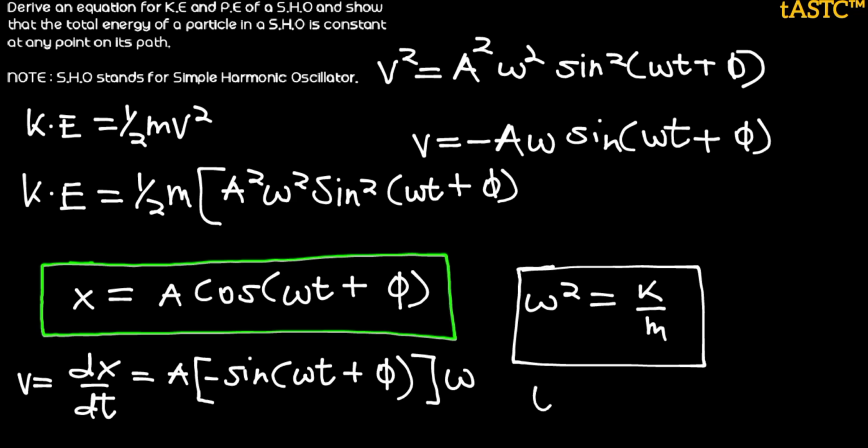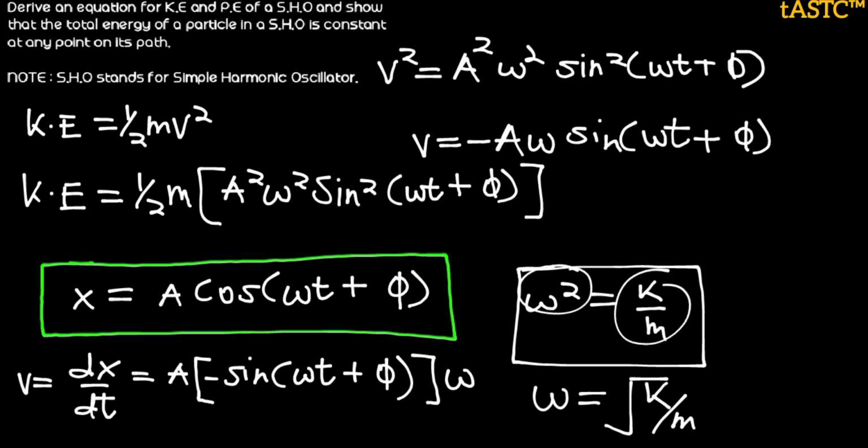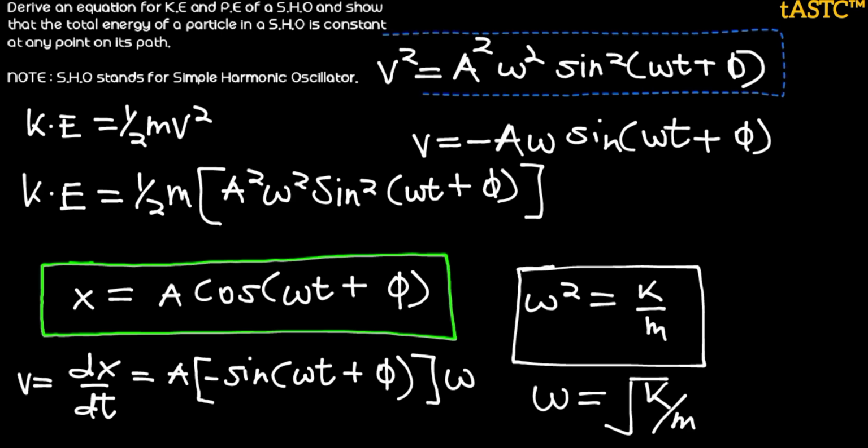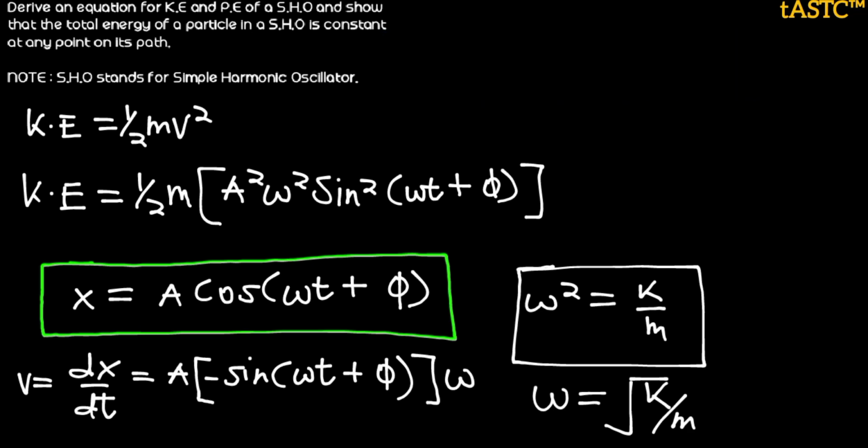So we know that omega is equal to square root of k divided by m. Now we already know that omega squared is going to be k divided by m. So I can rewrite this. So let us say that I used omega squared as k divided by m.